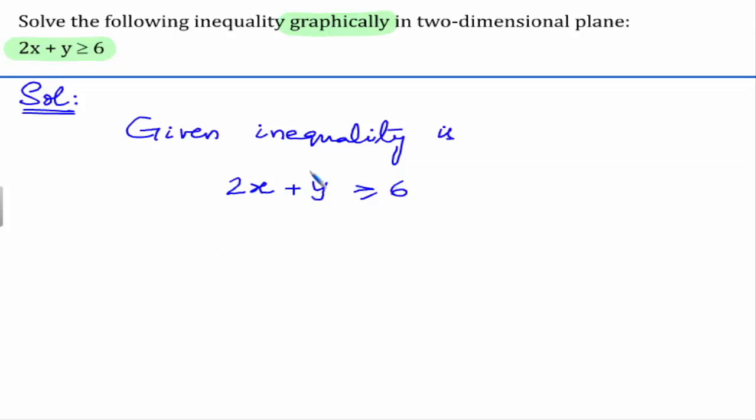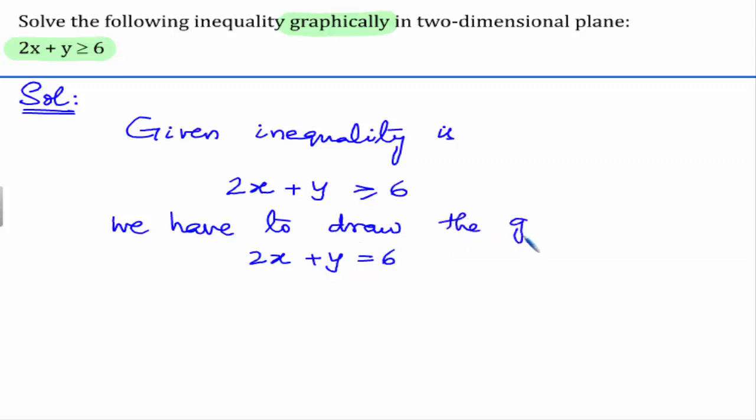Now, to solve this inequality using the graph, we have to draw the equation 2x plus y is equal to 6 using the graph. That means we have to draw the graph of 2x plus y is equal to 6. To draw the graph, we will convert this into y is equal to mx plus c form, that is 6 minus 2x.